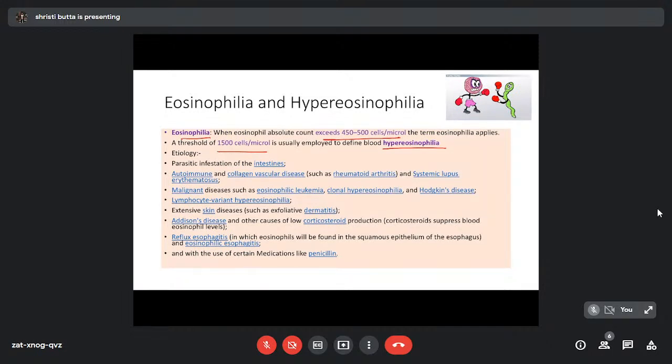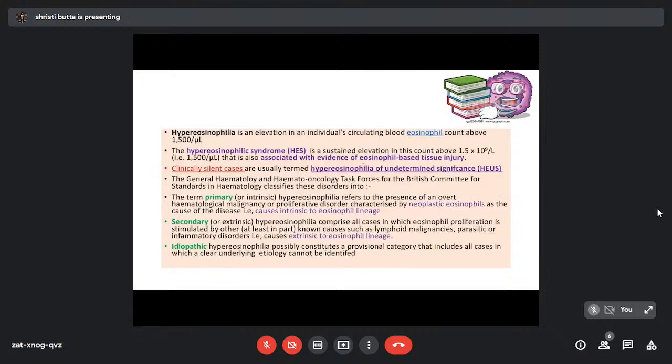So what is hypereosinophilia? It was already discussed. Eosinophil count above 1500 per microliter is referred to as hypereosinophilia. Hypereosinophilic syndrome, on the other hand, is a condition where there is a sustained elevation of eosinophil count above 1500 per microliter that is associated with evidence of eosinophil-based tissue injury.